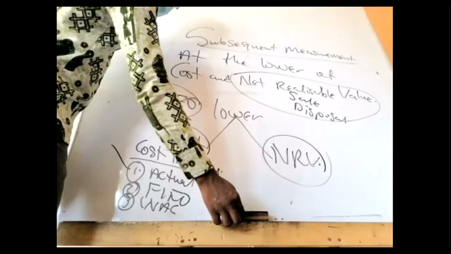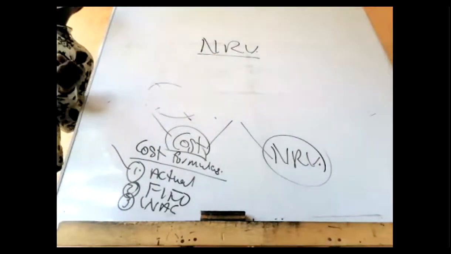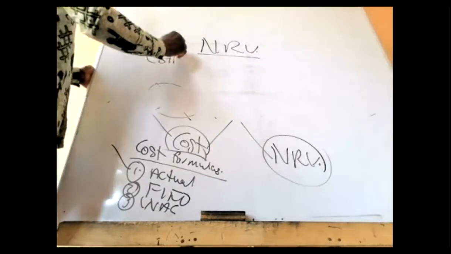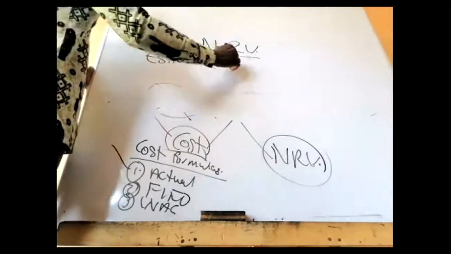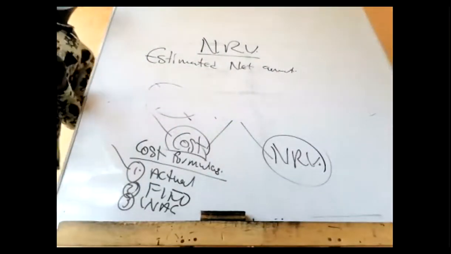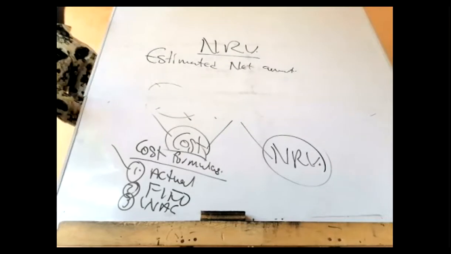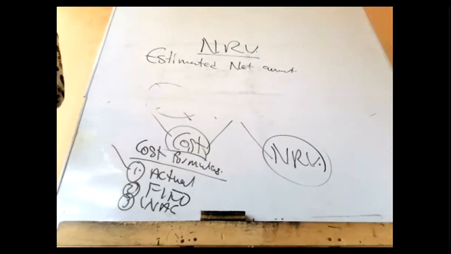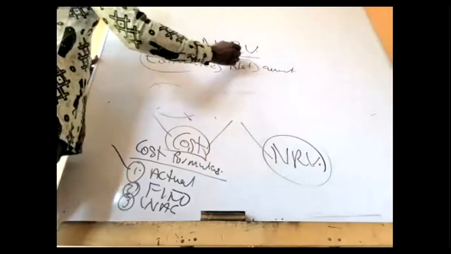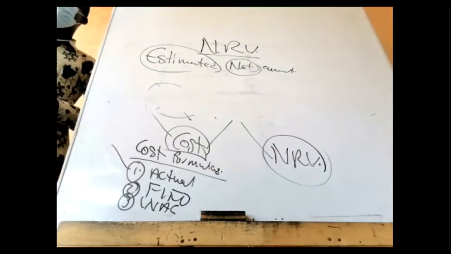When you talk about NRV, NRV simply means an estimated net amount to be recovered, received, or derived from the sale of an asset. Here, the sale of what? Inventory. So NRV simply means an estimated net amount, and net means after deducting all selling costs and any other costs from it.